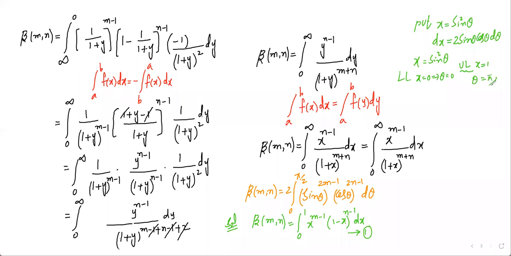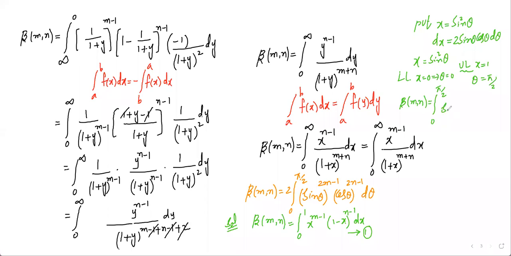So our beta function becomes beta of m comma n is equal to integral 0 to pi by 2. In place of x, we are assuming sin theta.